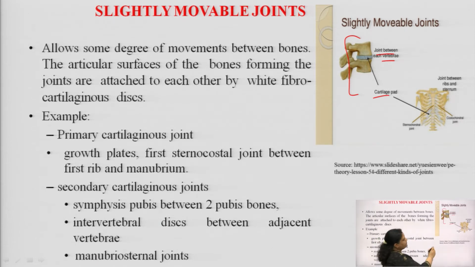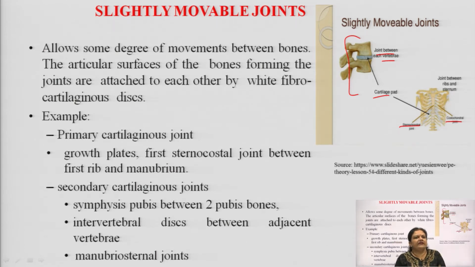The joints between ribs and sternum are the costochondral joint and sternochondral joint in the chest area. Here you will get an example of slightly movable joints.